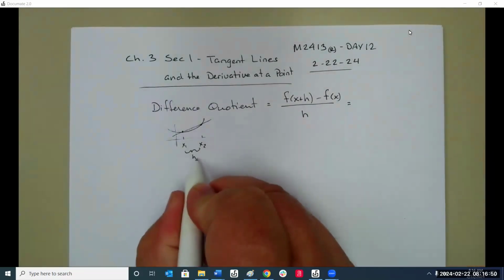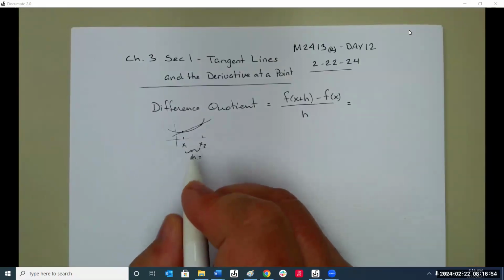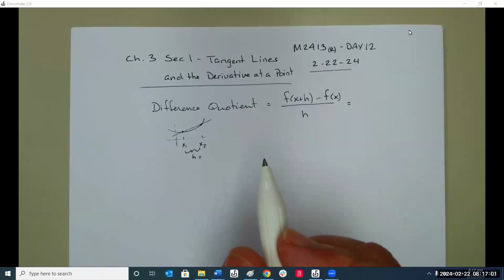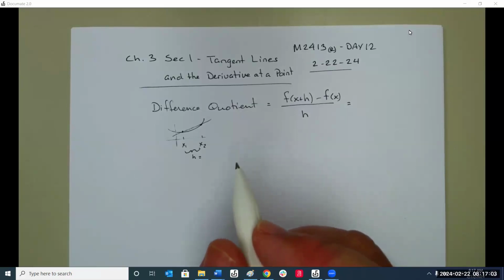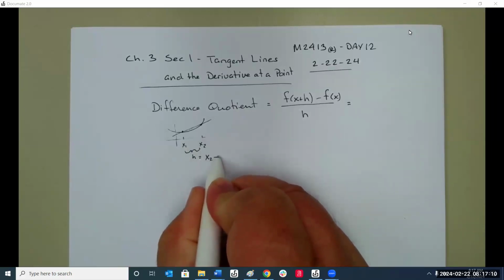So h is actually, because the distance between two numbers is, how do you figure that out? If I had 2 and 15, how far are they apart? Not 2 minus 15. It'd be the second number minus the first number. So h is x2 minus x1.